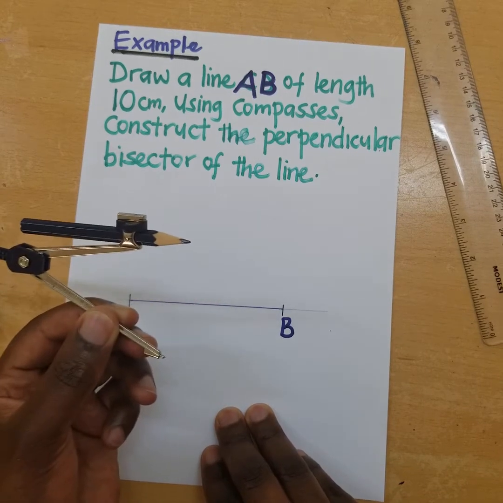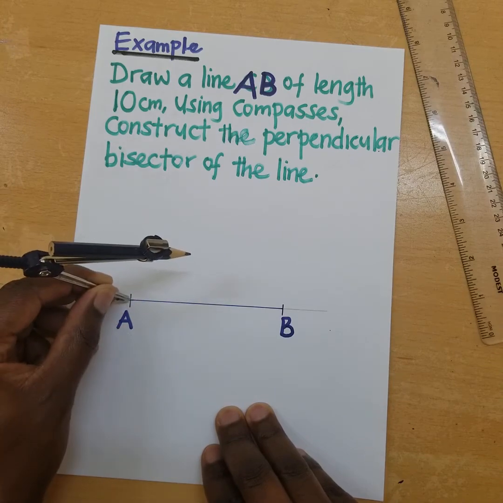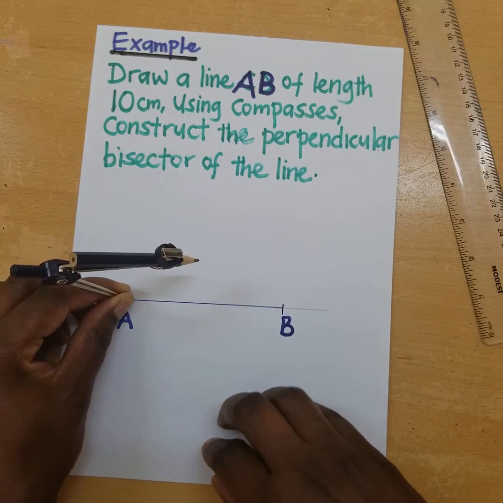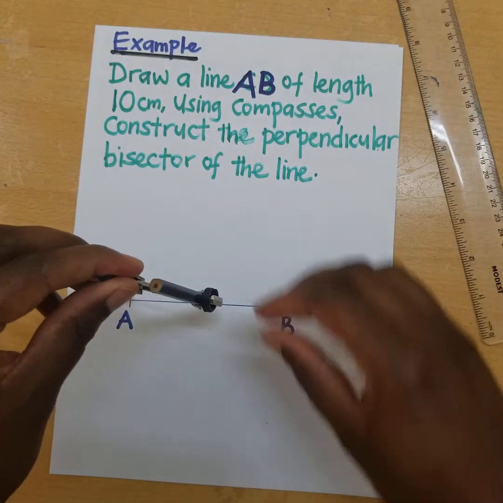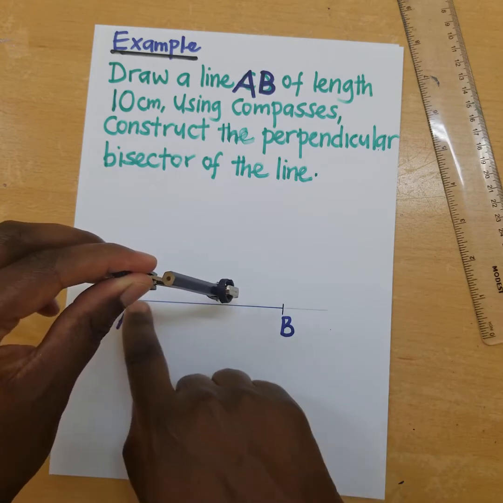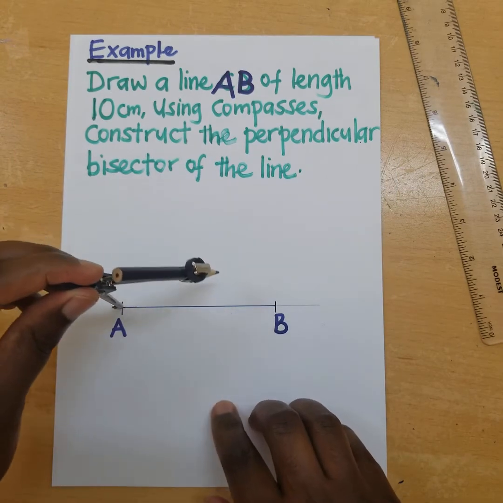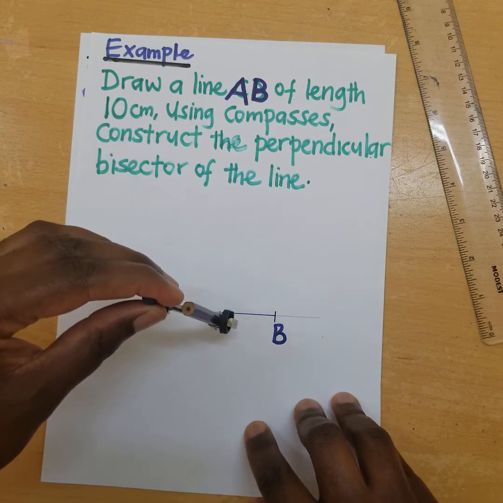So I open my compass to a length that is bigger than a half. For example, if I put my compass here and I place it firm, I open to a length that is bigger than a half. So this length from here up to here is bigger than a half. So I place a mark.